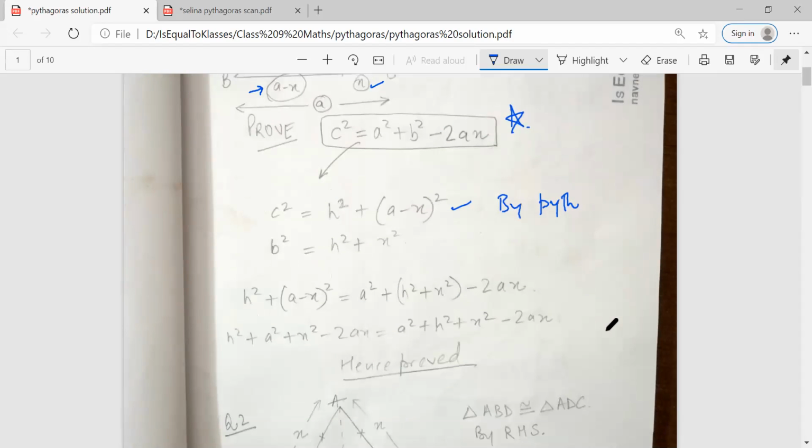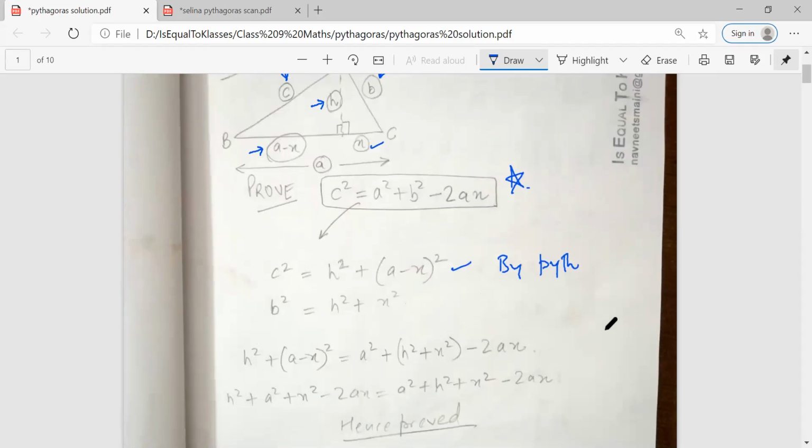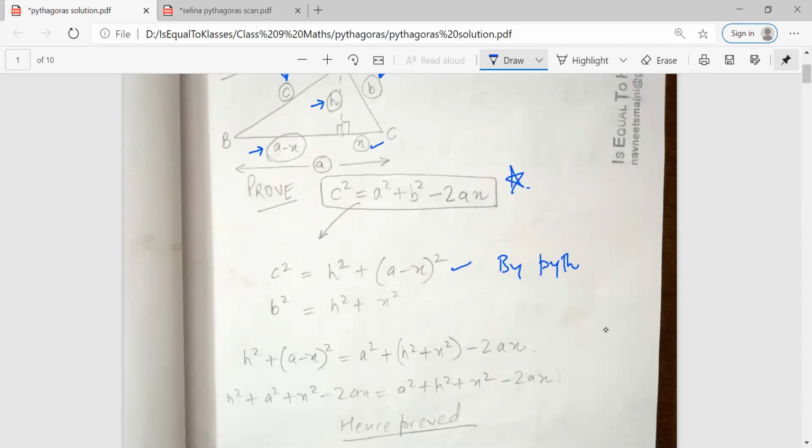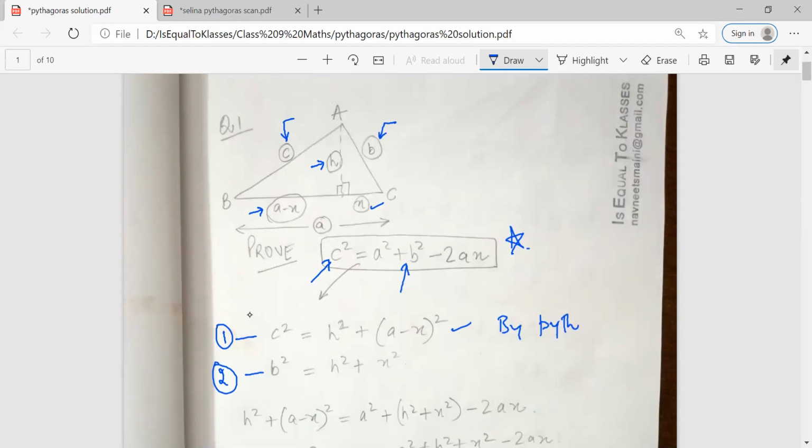Now I have the value of c squared, I have the value of b squared. This is what I have found. Now, if I look closely at equation number 1 and equation number 2, I have put the value of c squared and b squared in what I need to prove. Mr. Rudra, any doubt? No, sir.